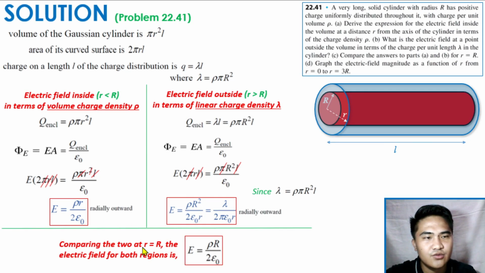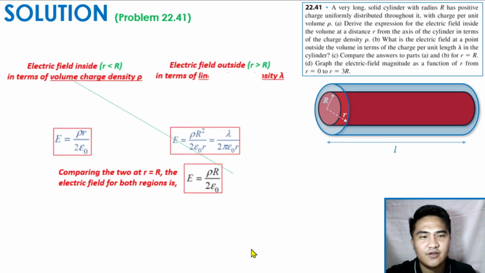And we will substitute small r equal to big R. When we substitute this r with big R, we will get this. And if we substitute small r with big R here, we will get this. So they are the same. They have the same electric field.